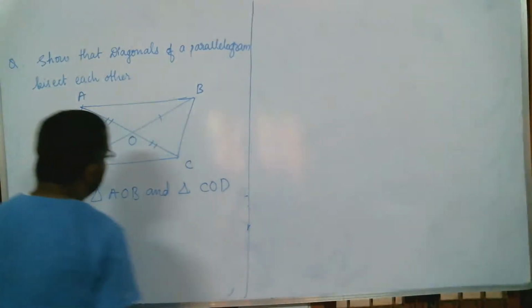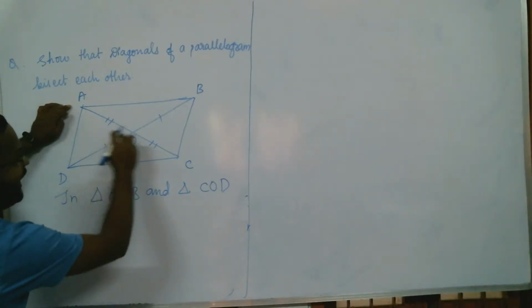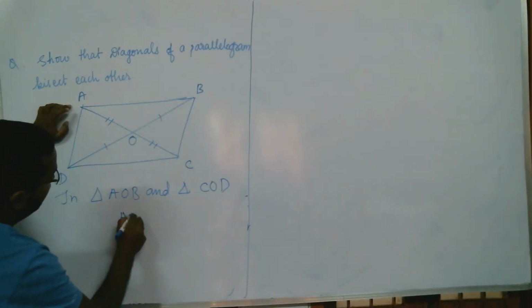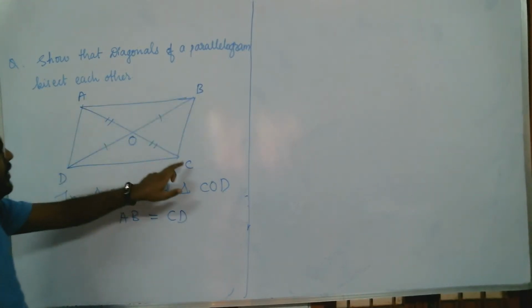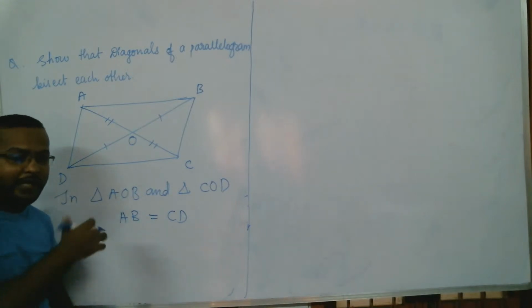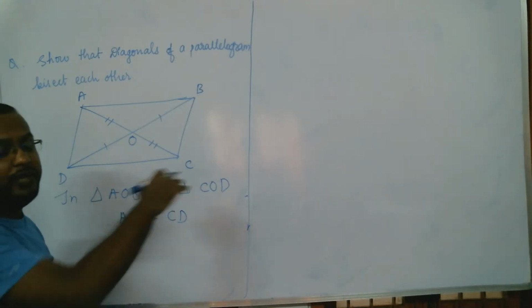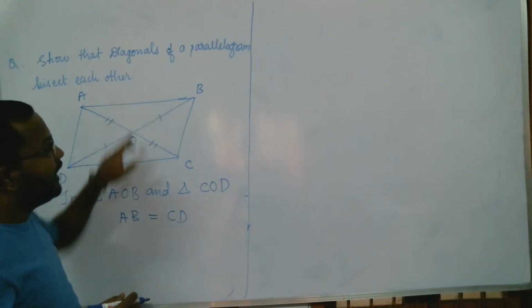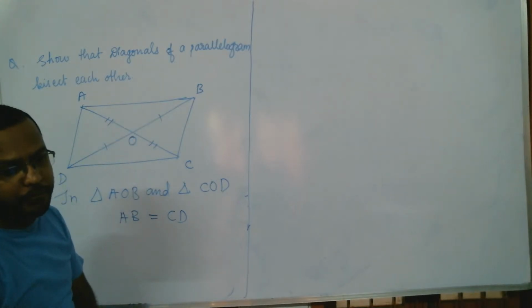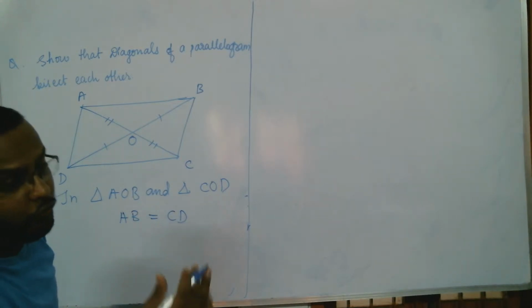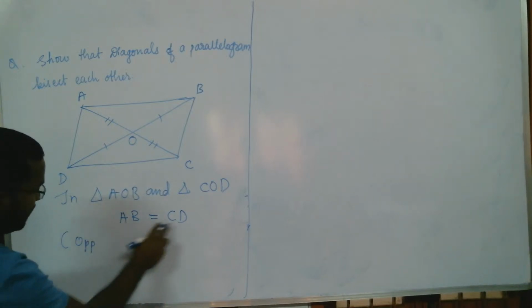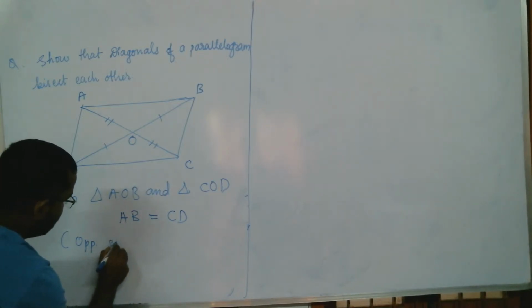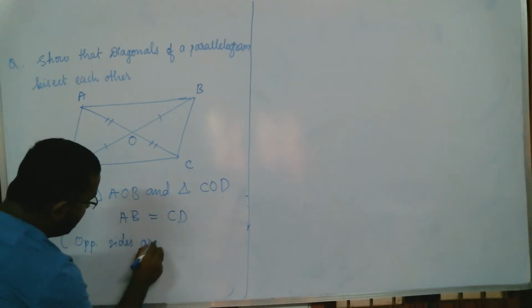Well, see here, in triangle AOB, AB is equal to CD. Why are they equal? Because just now we have proved that opposite sides are equal in a parallelogram. So that is why AB is equal to CD, because opposite sides are equal.